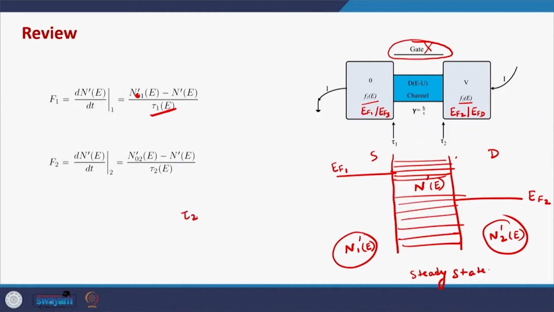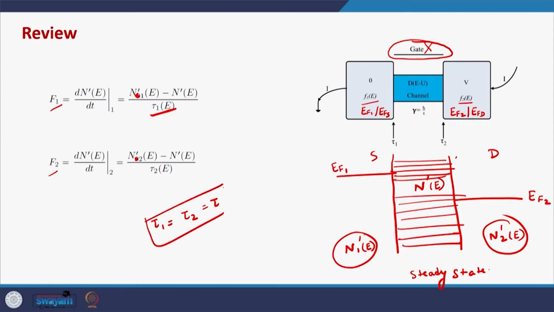But for simplicity, we assume that both the contacts are symmetric and tau 1 is equal to tau 2 is equal to tau, and it is independent of energy. Similarly, the rate at which electrons will be jumping from the drain contact into the channel will be given by n2 prime E minus n prime E divided by tau 2 E.